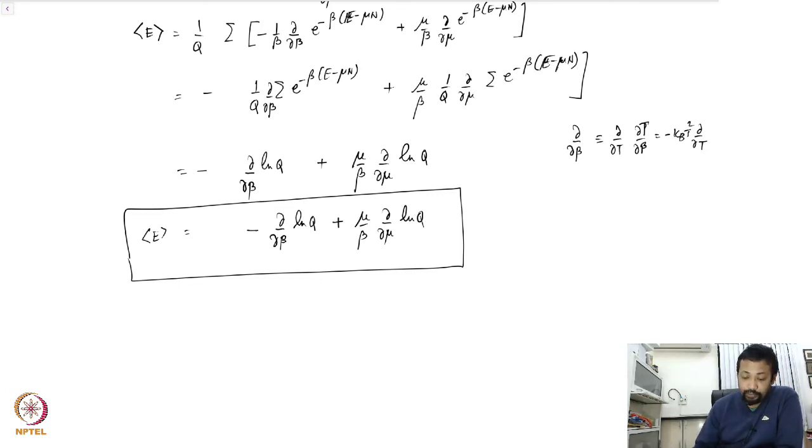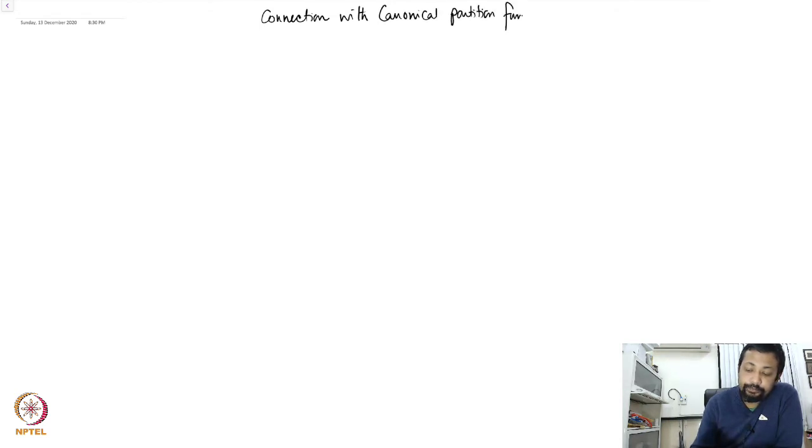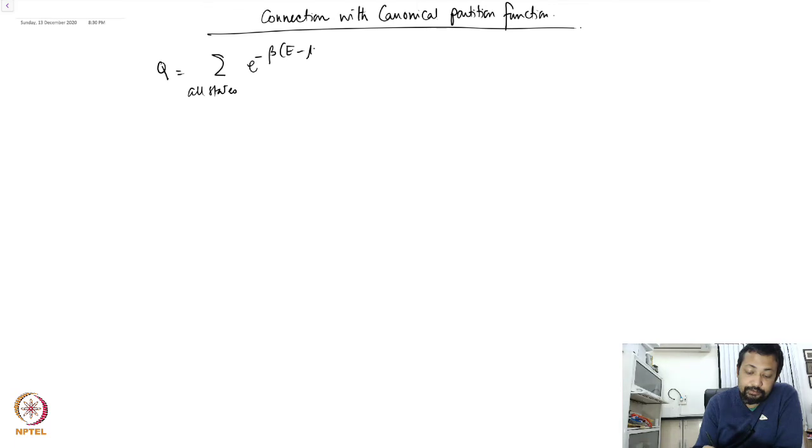Good. Our final task in this lecture is to look at the connection with the canonical partition function. So Q is the sum over all states of e to the power minus beta e minus mu n, right?